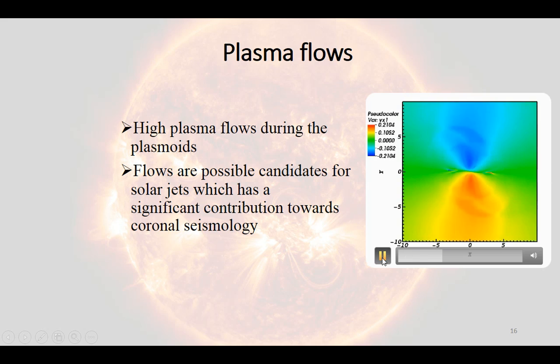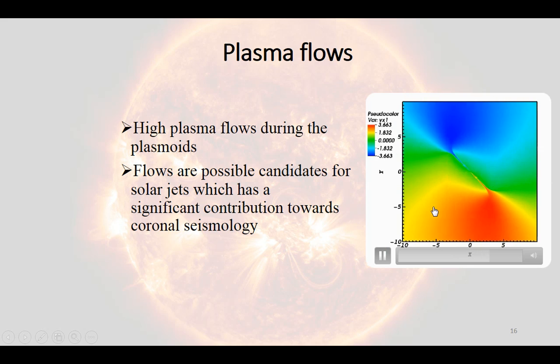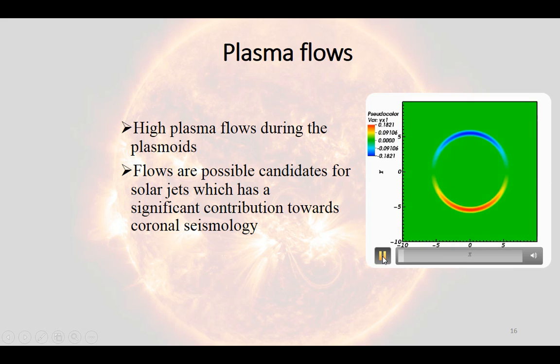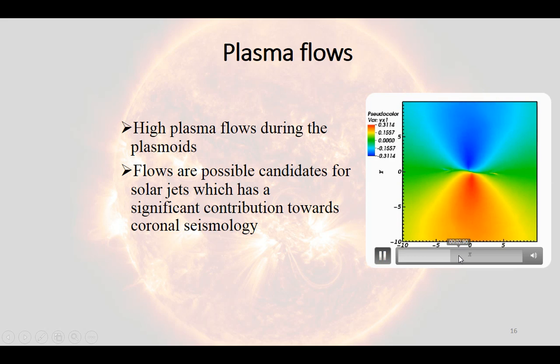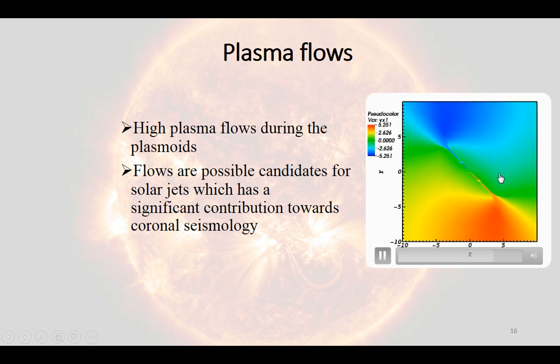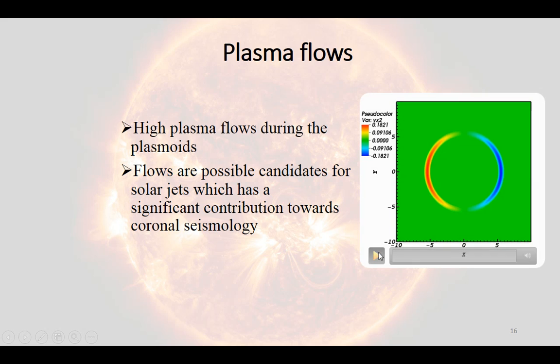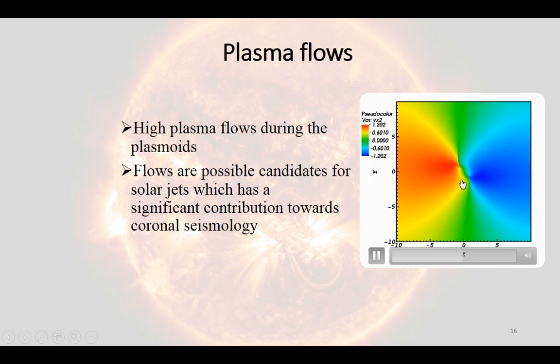Note that the red color indicates positive values of the velocity, which refers to outflows, and the blue color corresponds to negative values of the velocity and inflows. The important point is that flows during the plasmoids cover a larger area and also have stronger amplitude. We could conclude that plasmoids in coronal conditions could contribute to eruptions. We also have the Y component of the plasma flows, and again we have a somewhat similar behavior.